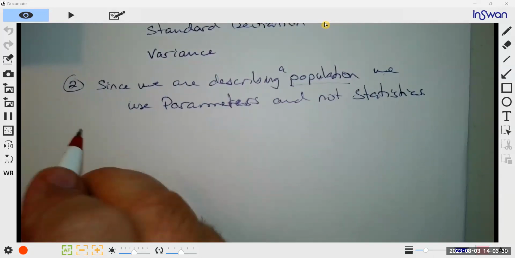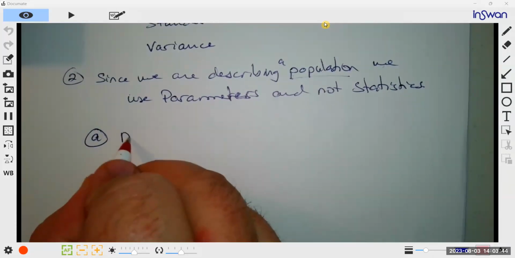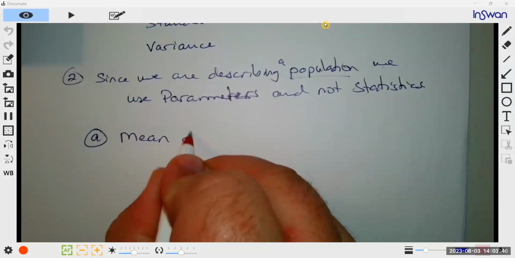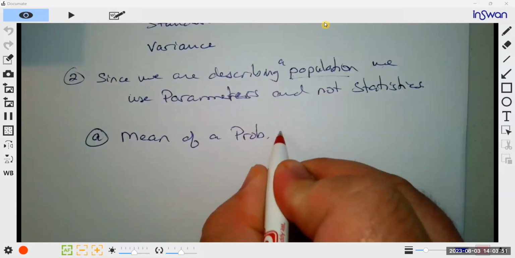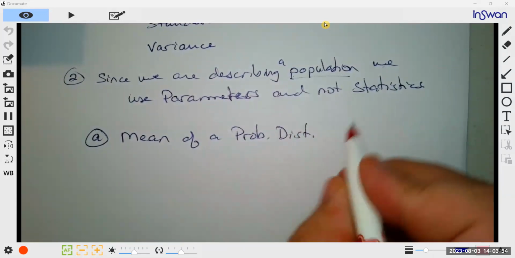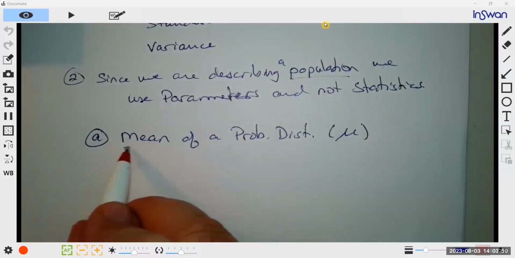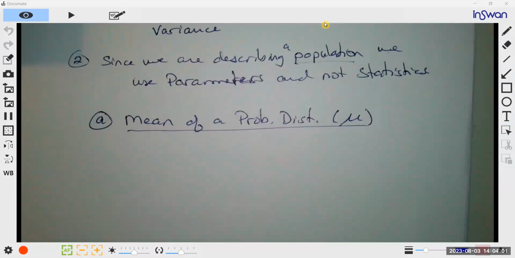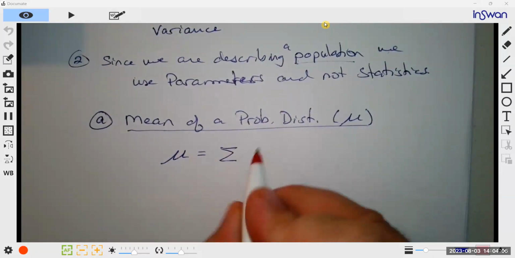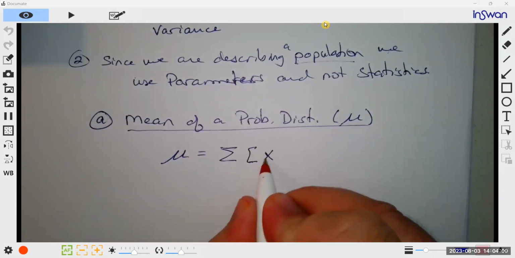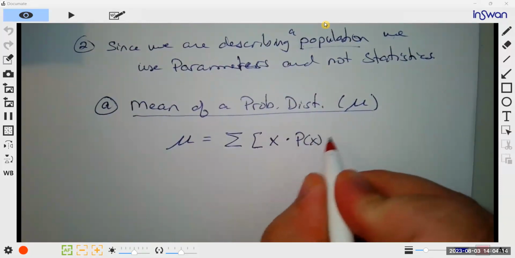So let's look at our three formulas that we're going to deal with. The mean of a probability distribution, that's the mu. The formula is this. It's summation of all your outcomes times their probabilities.